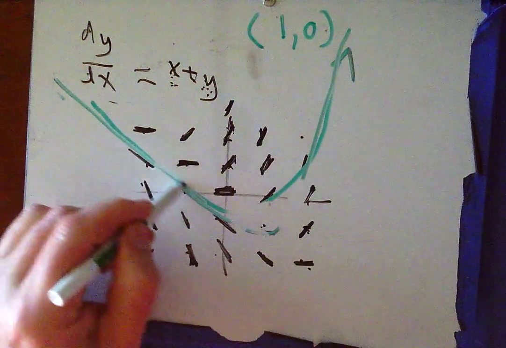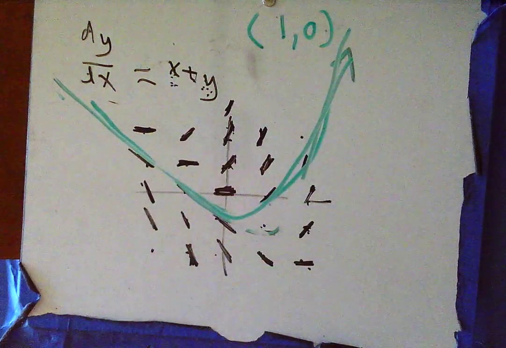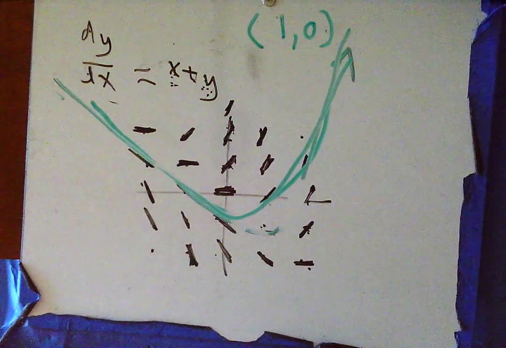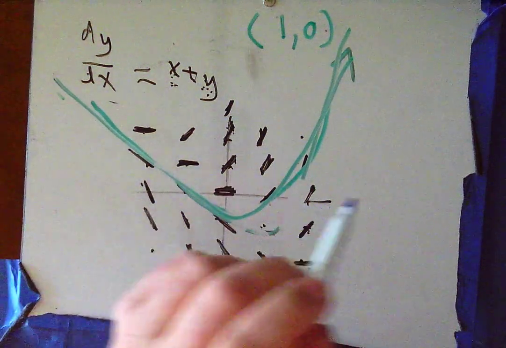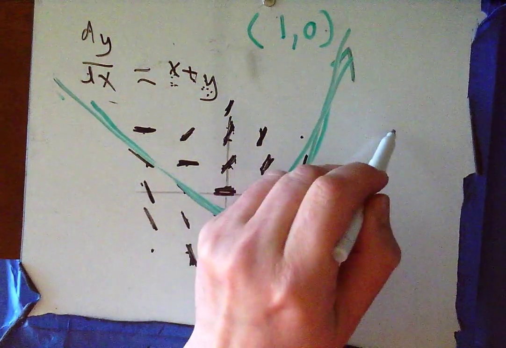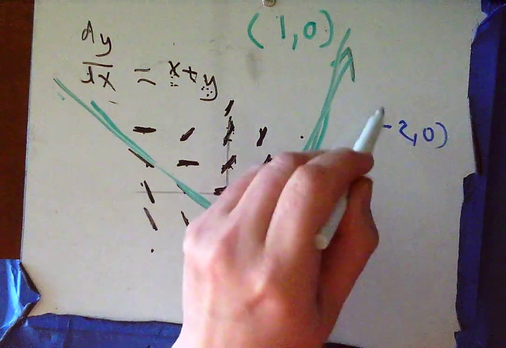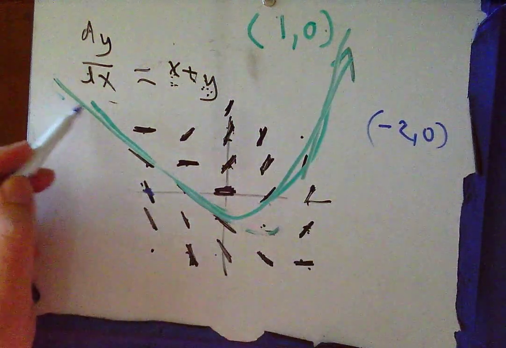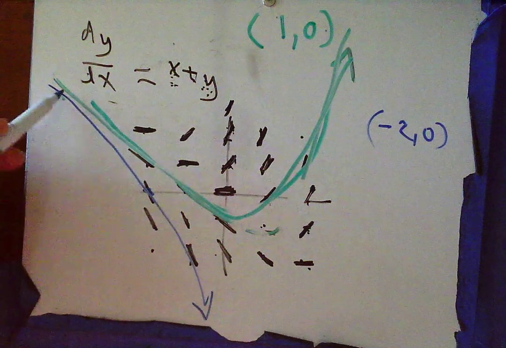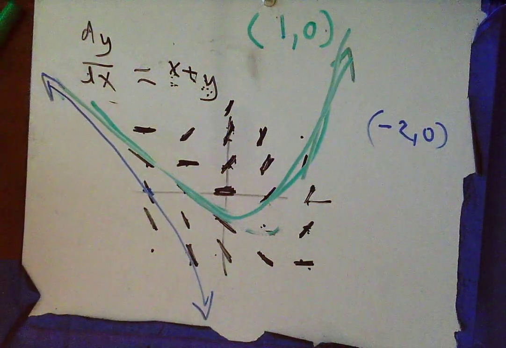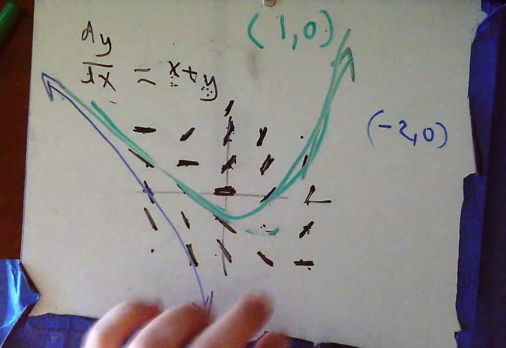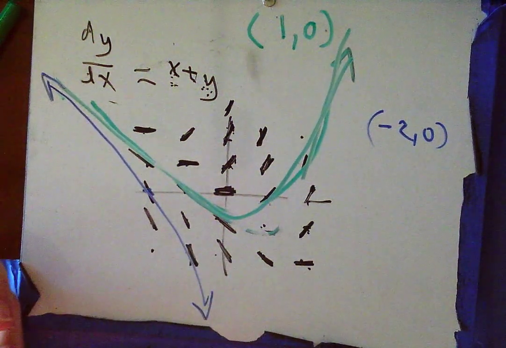Let's go a little deeper there. Okay, so that could be for that point, but if we had something like we need to pass through negative 2, 0, so we're passing through here, mine's going to look like that. So it's a pretty interesting antiderivative, depending on what we end up for our C value.